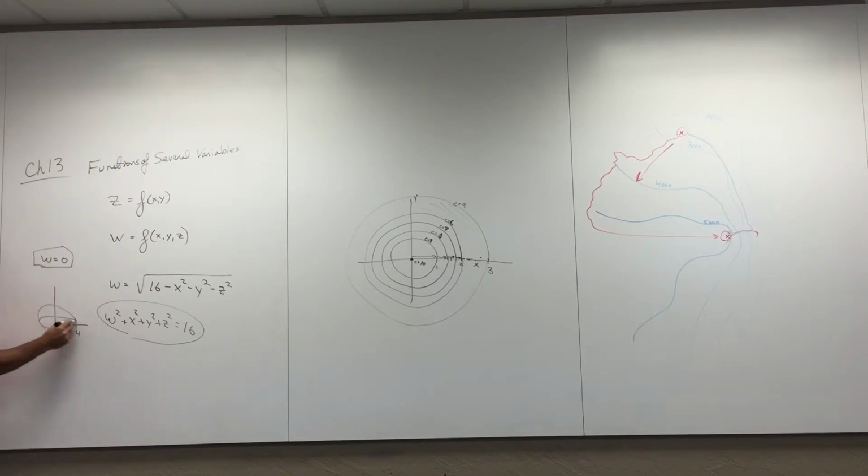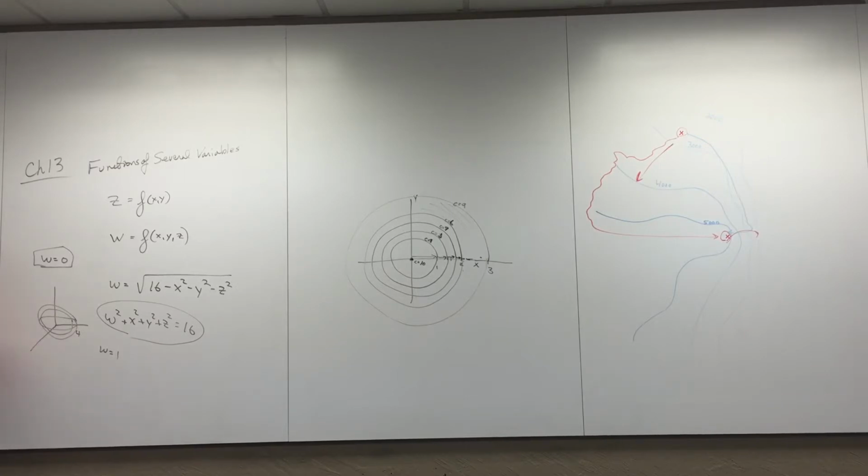What would it be if W equaled 1? That would be a sphere of radius square root of 15. Right? It'd be a sphere inside this sphere, of a little bit smaller radius. But there's no way I can draw the four-dimensional thing. I can draw these three-dimensional level surfaces.